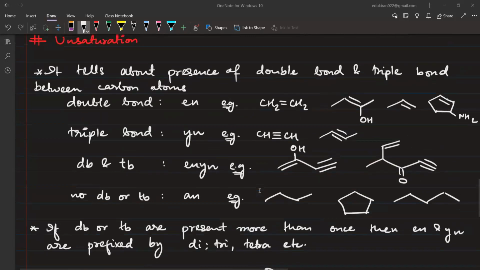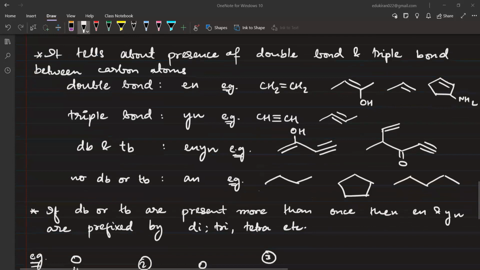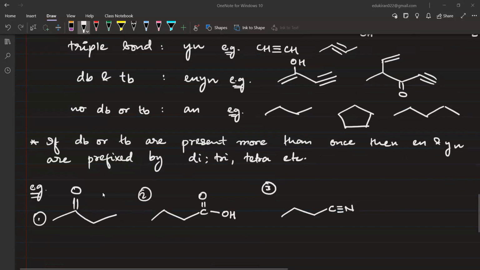आप लोग सभी को ही देखें प्लीज एक्सेप्ट शावेज. All of you guys are wrong. Please reread this statement. It tells about the presence of double bond and triple bond between what? Carbon atoms. So is the double bond between carbon atoms here? यहाँ पे किसके बीच में है double bond?